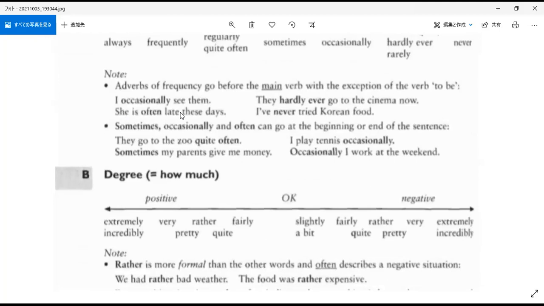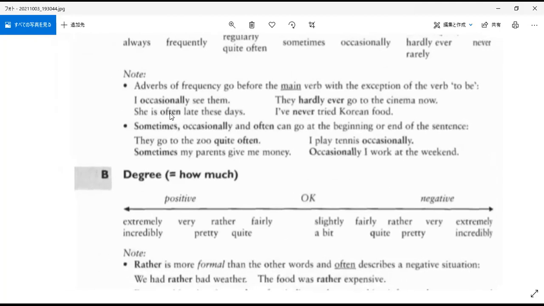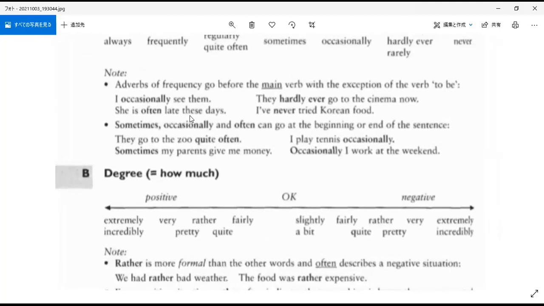And then is often late. Like, is a state of being often late. Late is like expressing the lateness, right? Let me see. Is late an adjective? Wait a minute.